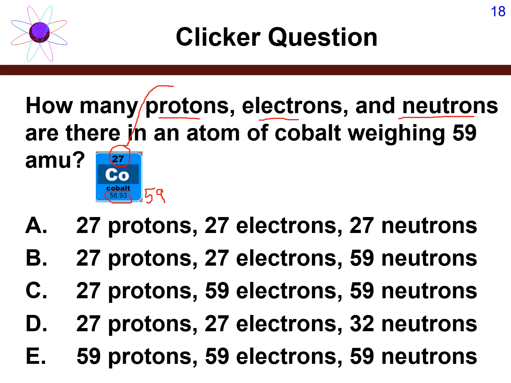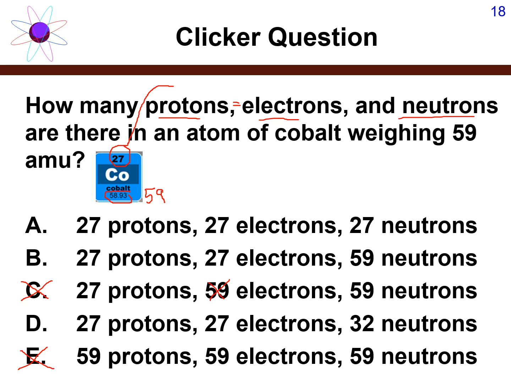It's 27. So there's 27 protons. And so that gets rid of E as an answer. And we have electrons. Well, remember, protons and electrons equal each other. So we're looking for something with 27 protons and 27 electrons. So that gets rid of C, because C has 59 electrons.